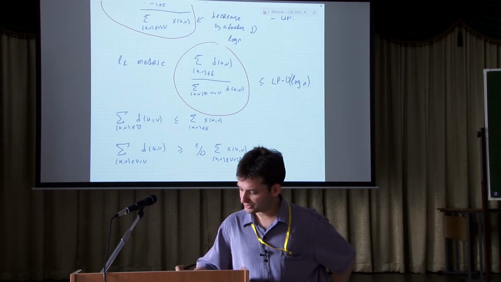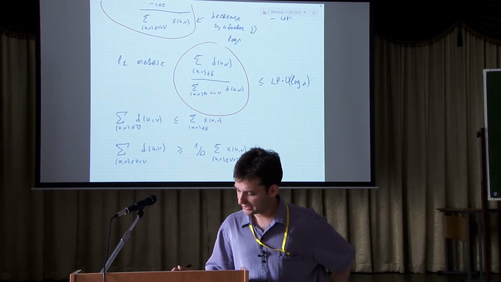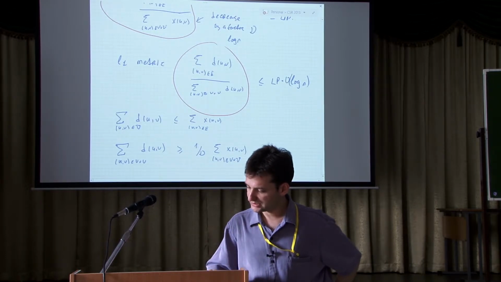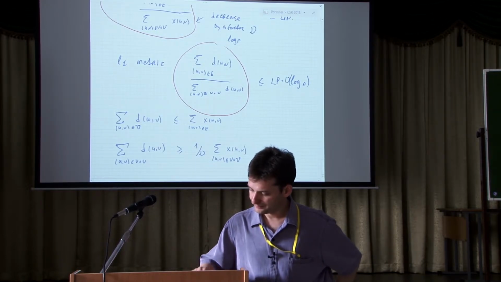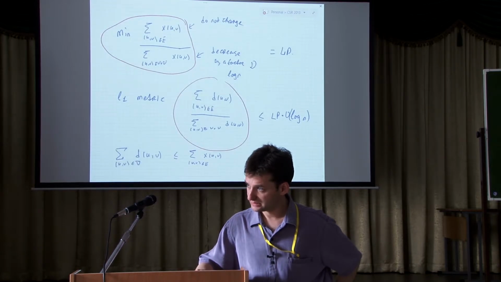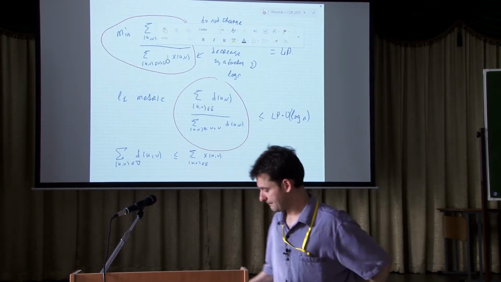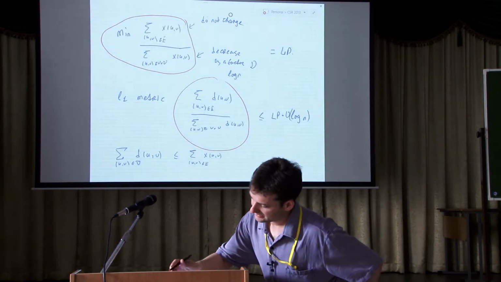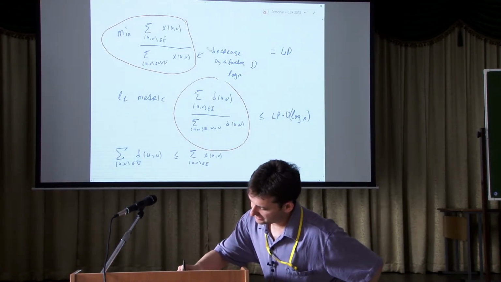So we have these two bounds, right? And because of this, this expression is no more than log n times greater than this expression. The numerator we do not change, because maybe it can be decreased. Okay, yeah, in the worst case, right.